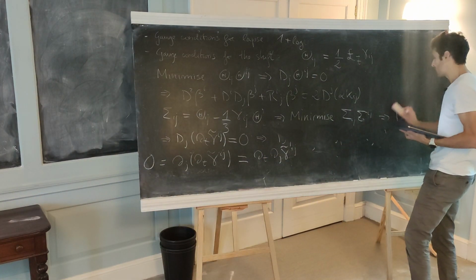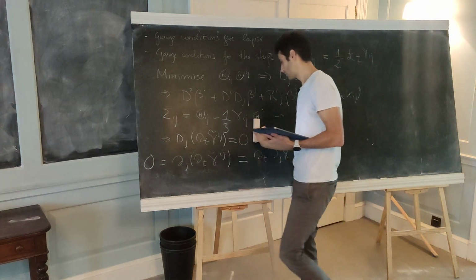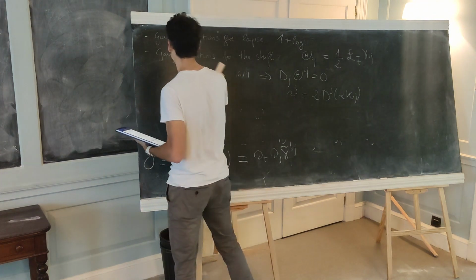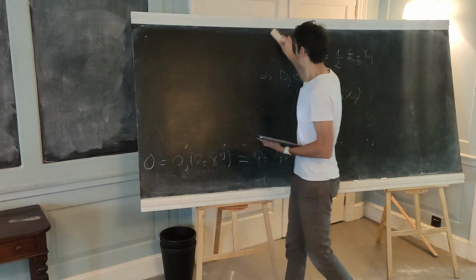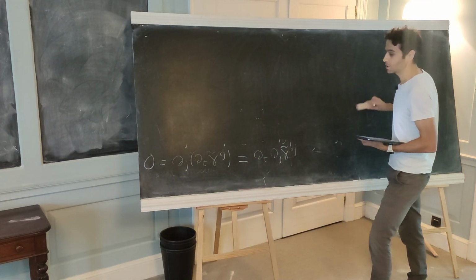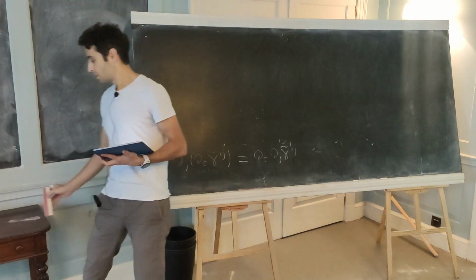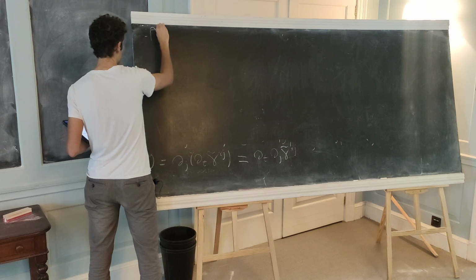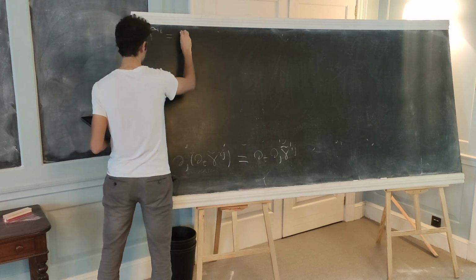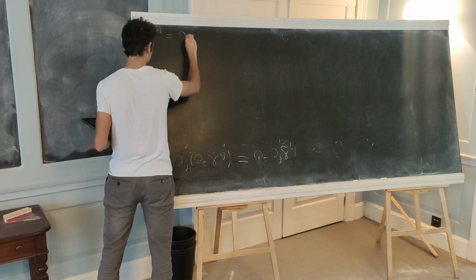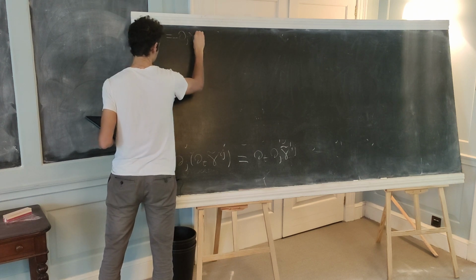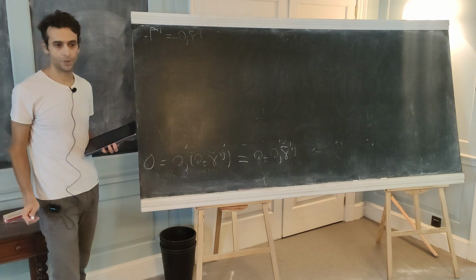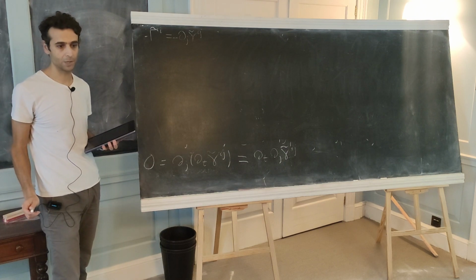And if you now remember, when we discussed the BSSN formulation of general relativity, we defined a new variable which was this gamma tilde, which was basically minus the derivative of the inverse conformal metric, right?